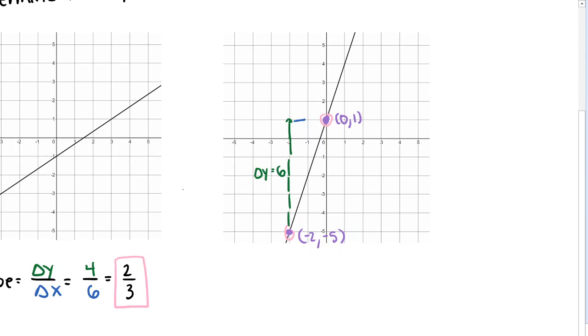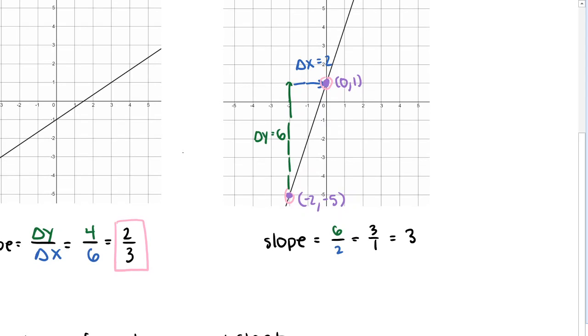And then my change in x, to go from an x value of -2 to an x value of 0, would be a change in x of 2. And so here, the slope of this line is 6 over 2, which again we can reduce. This reduces as 3 over 1, which we can just write as 3. And so here we see the slope of this line is the value 3.